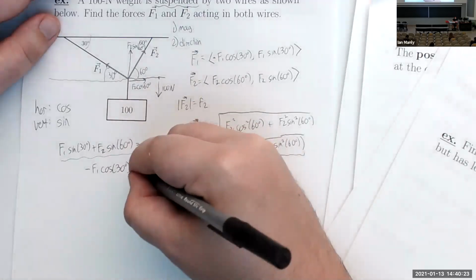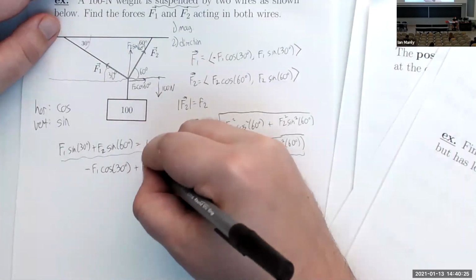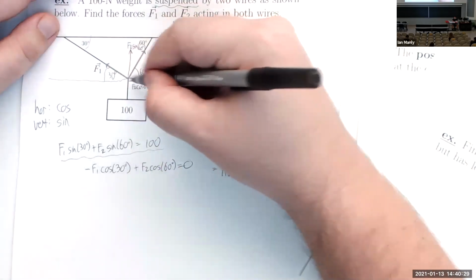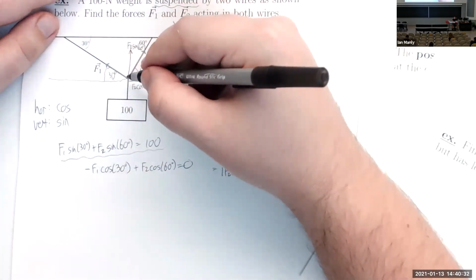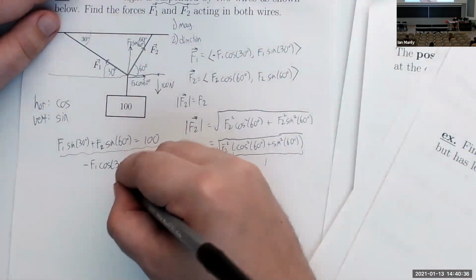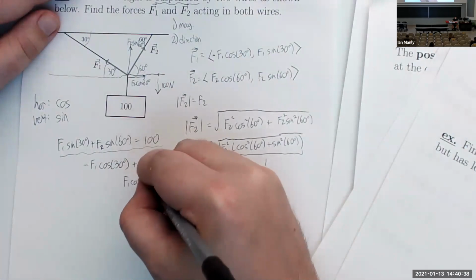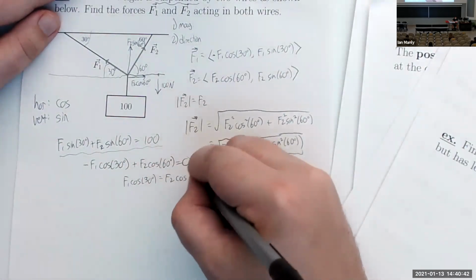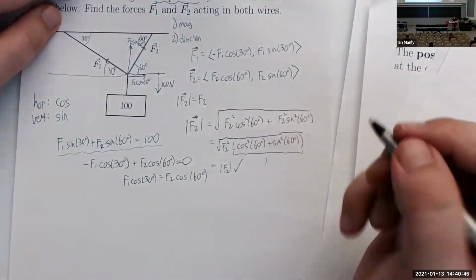This is what our audience member said. Since there's no force at all going in the horizontal direction, then this is going to be our equation here. But another way of writing this is we could say that F1 cosine of 30 needs to equal F2 cosine of 60 right here.